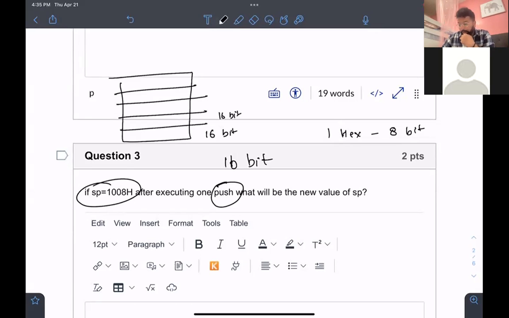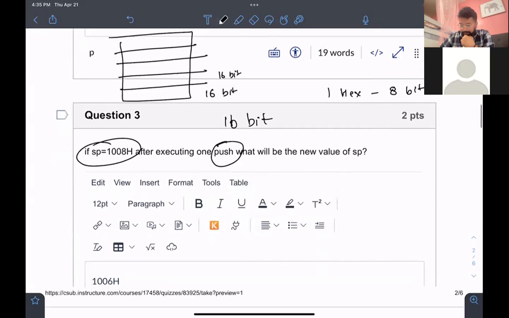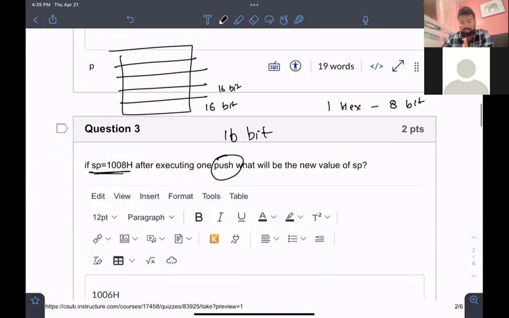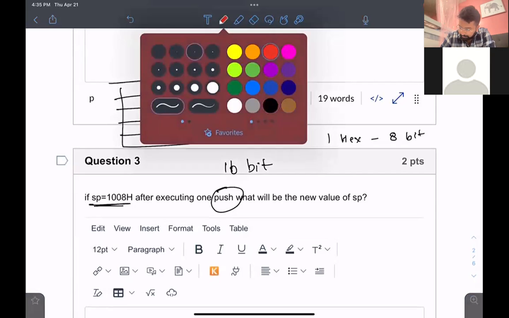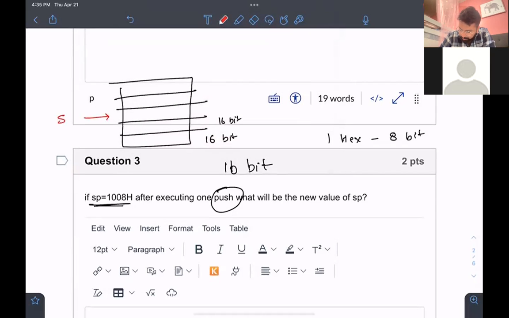We know that SP is a stack pointer register, and whatever the value is, we're pushing it to the stack. Since we are pushing 16 bits, we're going to change 2 hex values. We're going to decrement, because, let's say the stack pointer is pointing at this location.